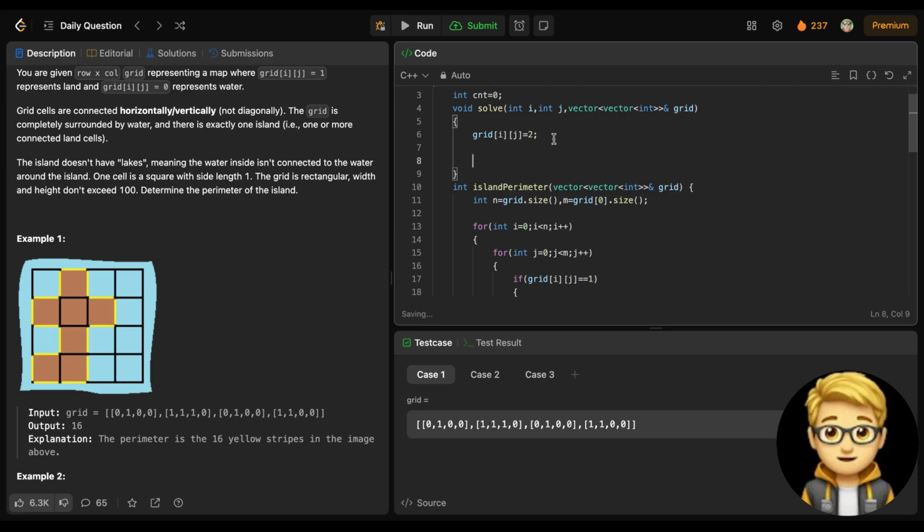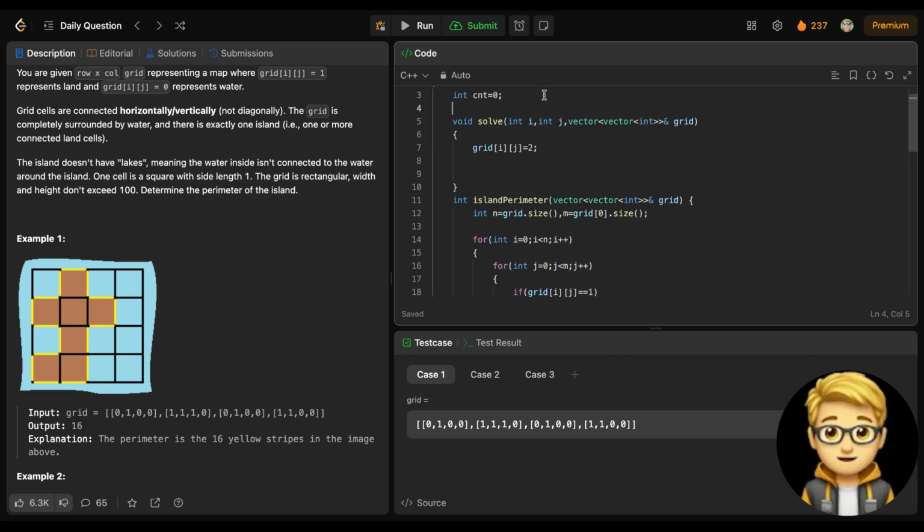Now I will move in all the four directions. For moving in all the four directions, you can also write like this: i plus 1, j, and j plus 1, i minus 1. But I will make a direction array separately here, like this: 0 comma 1, 1 comma 0, and 0 comma minus 1.